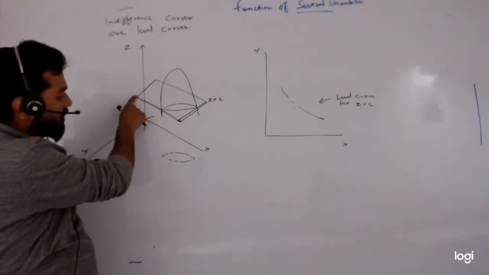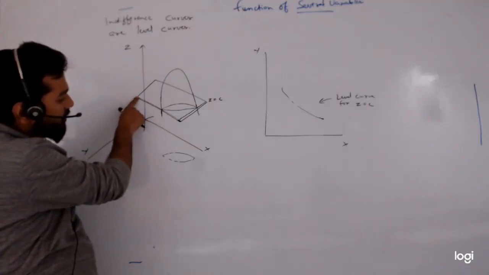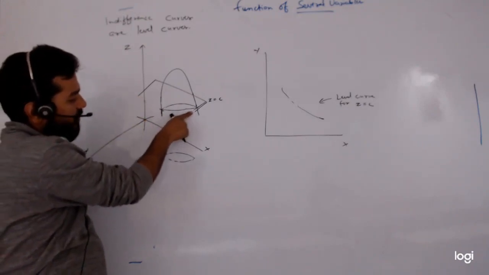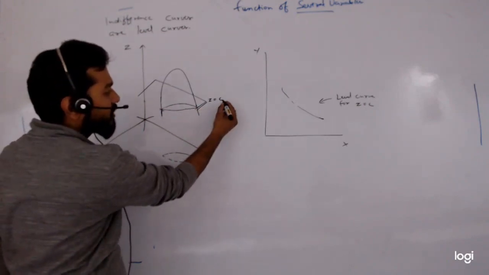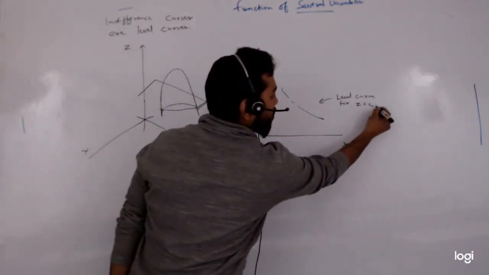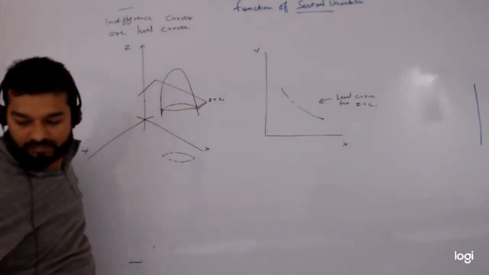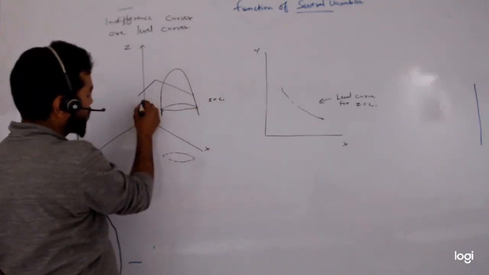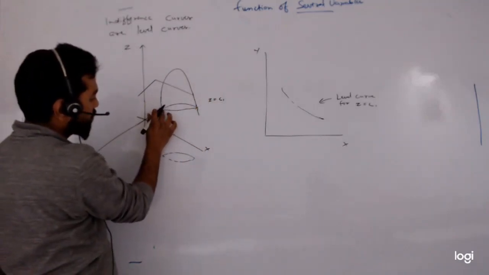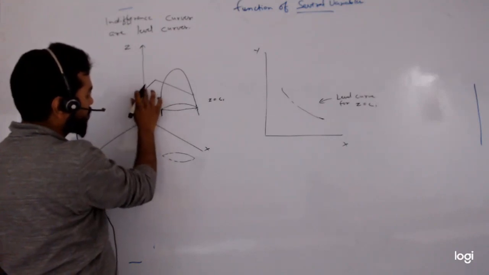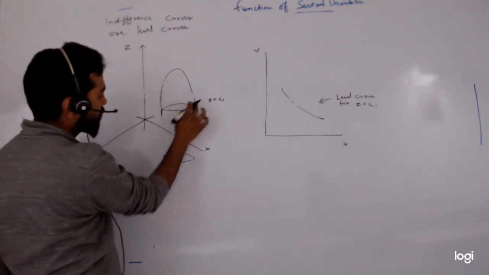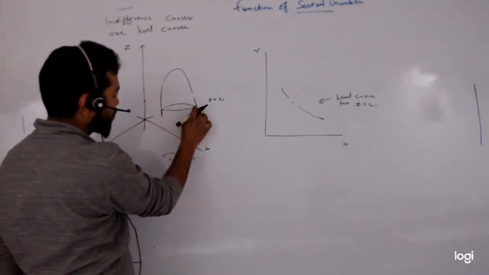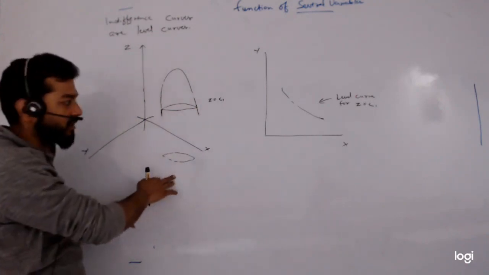Now, let's say, let me get rid of this blade at z is equal to c1. Okay, let this be.